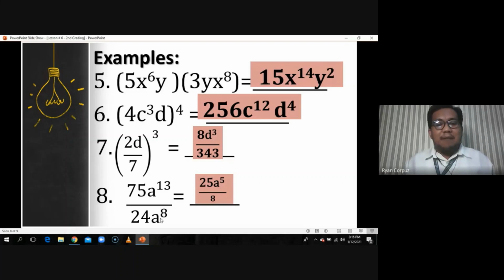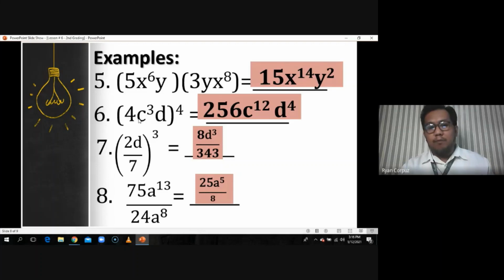So ganun natin ina-apply yung different laws of exponent whenever we do encounter expressions involving exponent. So just apply yung 5 laws of exponent. So kailangan hindi kayo malito kasi in one problem involving exponents, may mga times na hindi lang isang law of exponent yung gagamitin mo in order for you to simplify expressions. Just like example number 6, diba dito? So you made use here of the two laws of exponent.